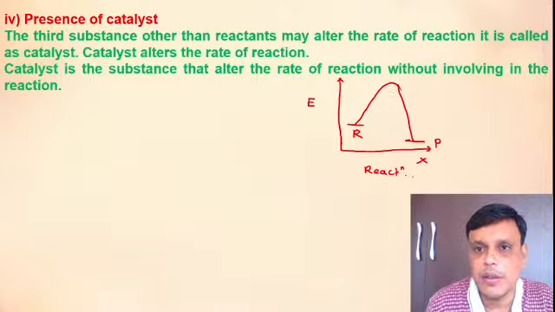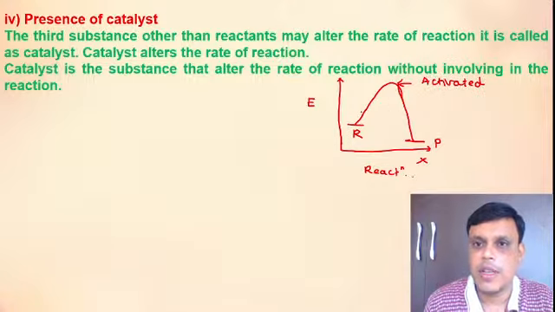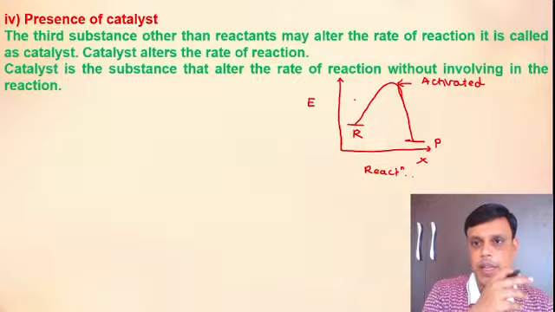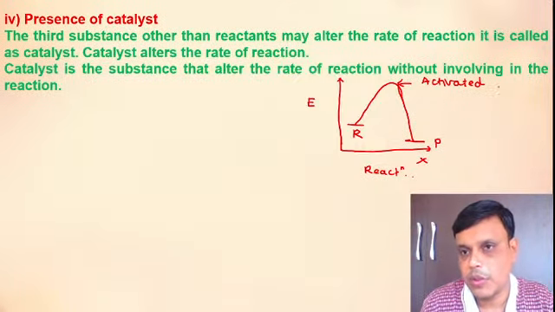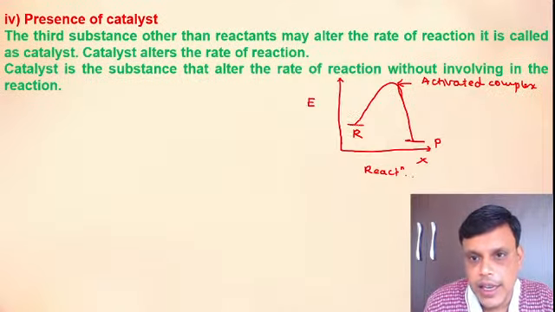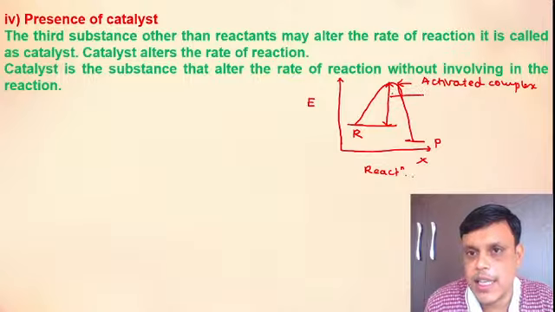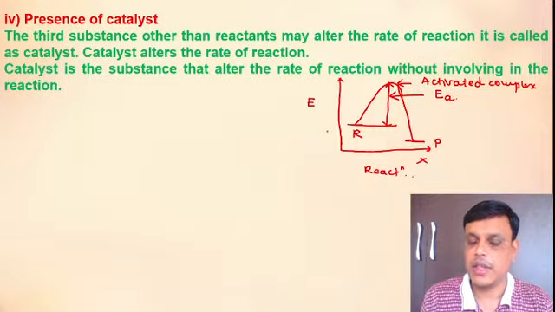This peak is called the activated complex. First the reactant forms an activated complex, and again that activated complex breaks into the product. The energy between reactant and activated complex is called the energy of activation of that particular reaction.